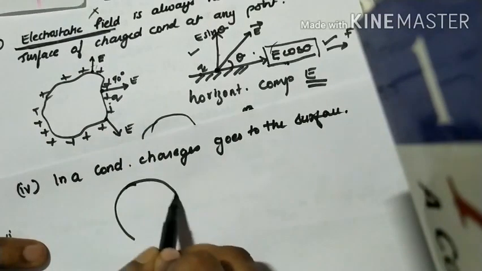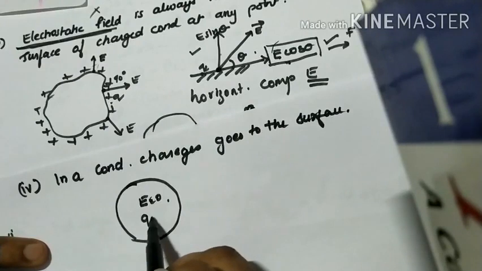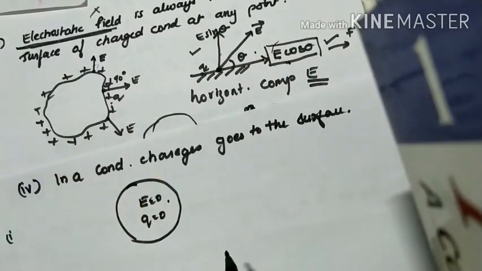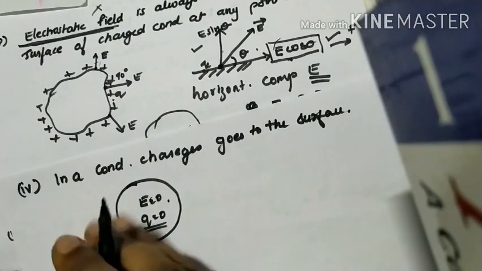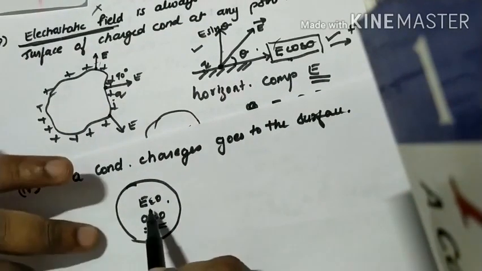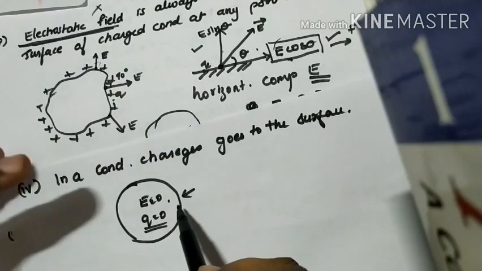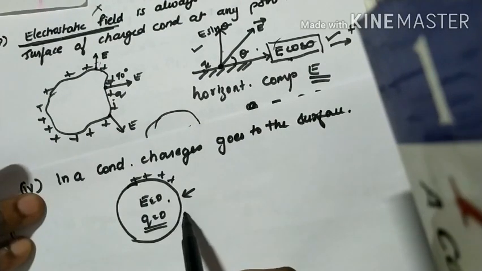Suppose this is my conductor. We told E is equal to 0, Q is equal to 0. So whenever I give charge to any conductor, it can never exist in the center part, or the inner or hollow section, nor can it have an electric field. So the entire charge which I give to this sphere or this conductor has to exist on the surface.